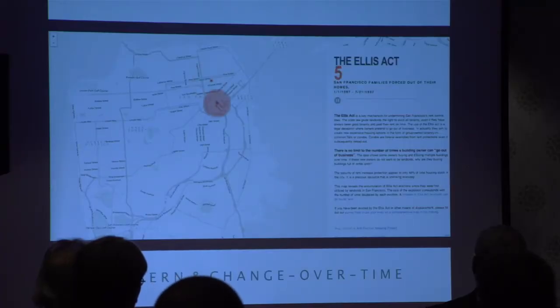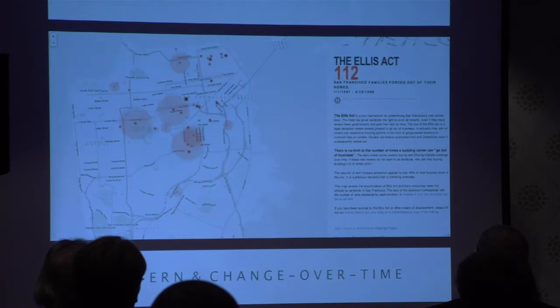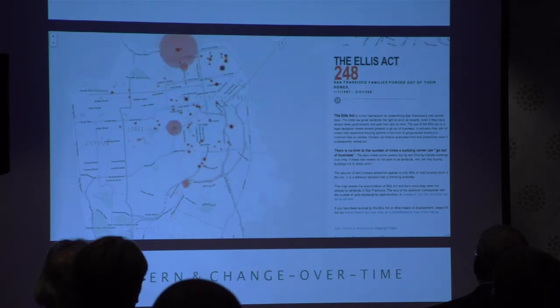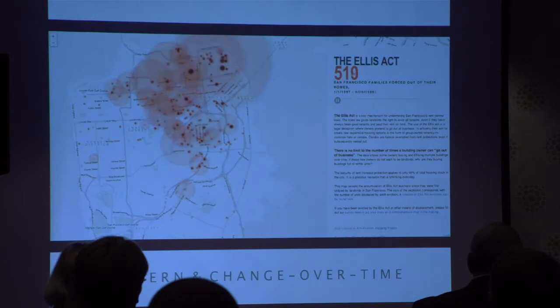So this is an interactive map. It starts to show an accumulation of people over time that have been kicked out of their apartments because of this act. And this map itself was made in part by a developer at the Oakland Museum of California. So what we're seeing right now is we're right in the middle of the dot-com boom.